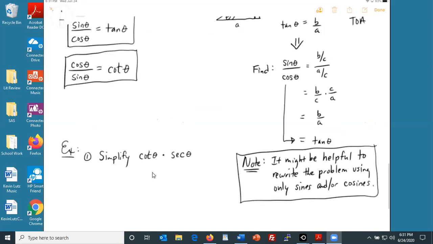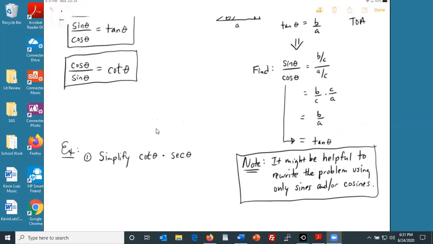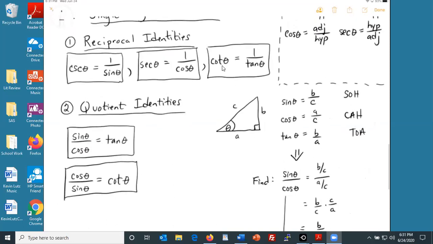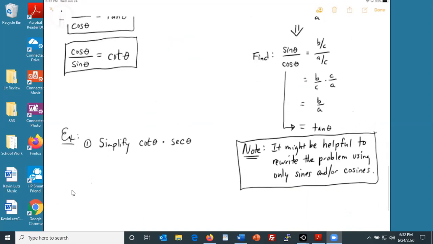So let's do this. The first term there is cotangent. Put that in terms of sine or cosine. We have 2 choices for cotangent, but I won't use this one, that's not a sine or a cosine. Let's use this substitution, that's cosine and sine. So the first term here, we would do cosine theta over sine theta.